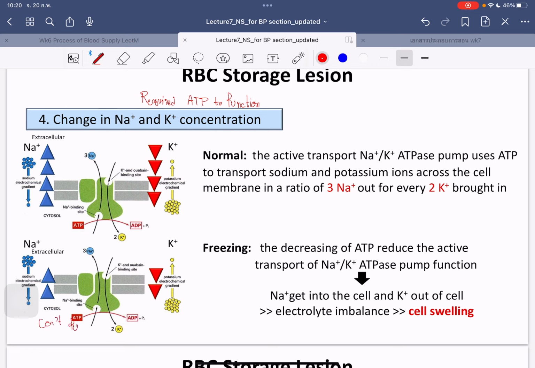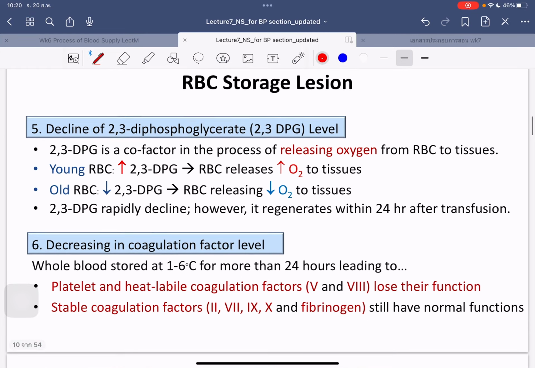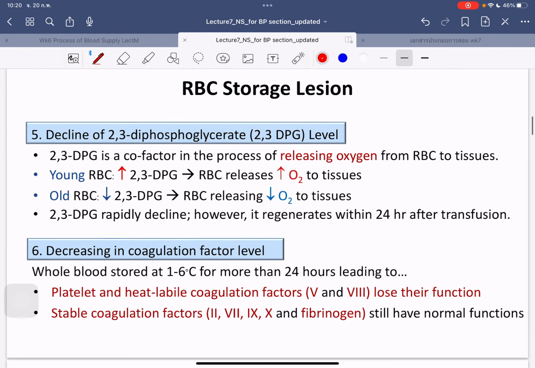And the fifth is that you do not have 2,3-DPG, because when the pH decreases, it affects enzyme activity, and then it induces a decrease of 2,3-DPG. This molecule is a cofactor that is important to release oxygen from the red blood cell to tissue.